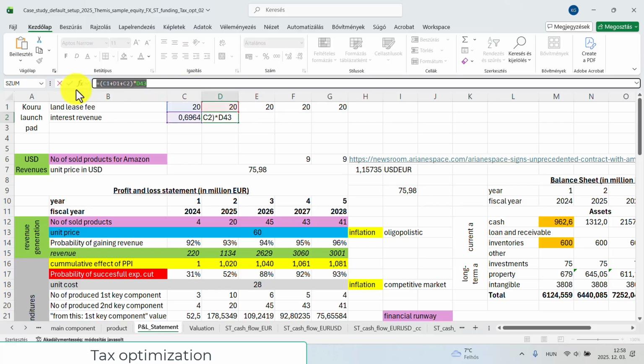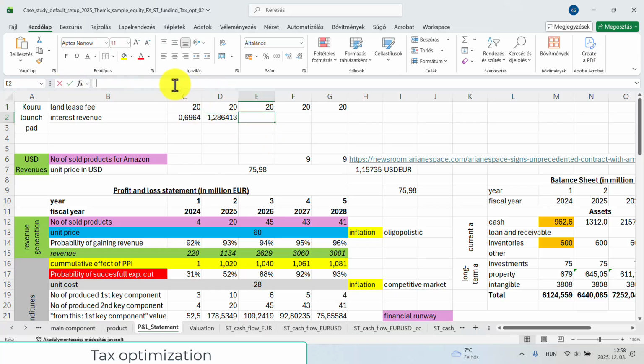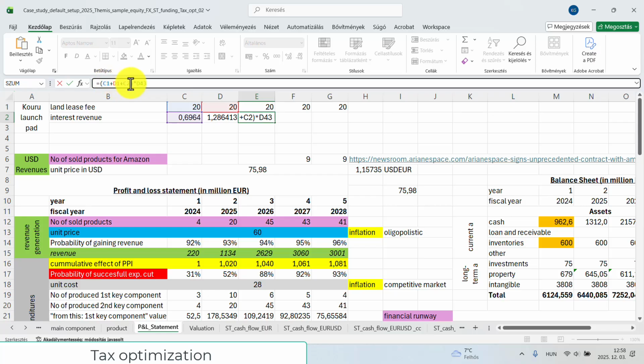Obviously we can copy it and extend this further and further, so we are doing compounded interest.